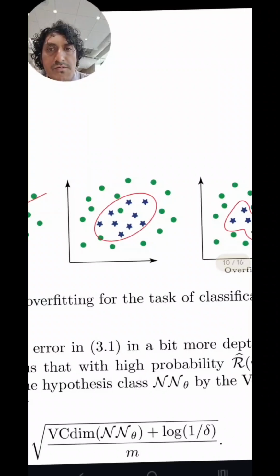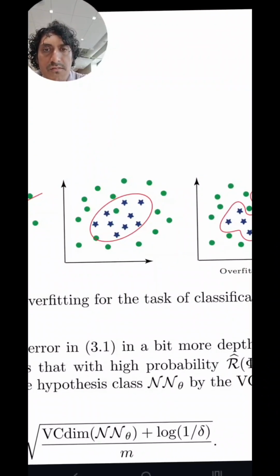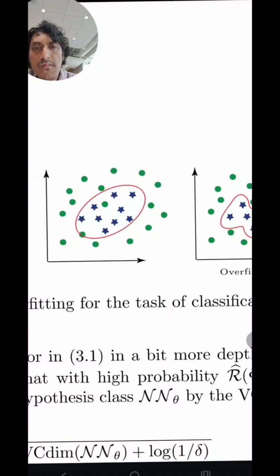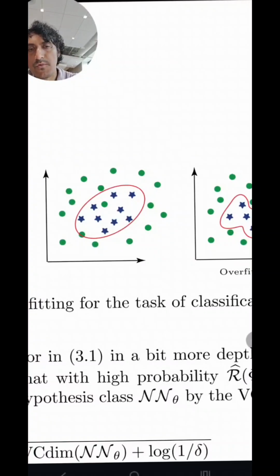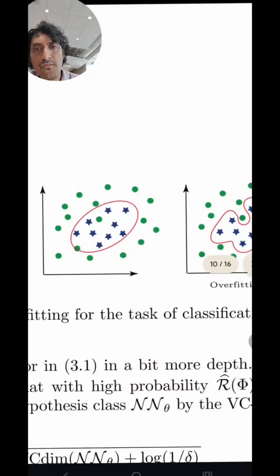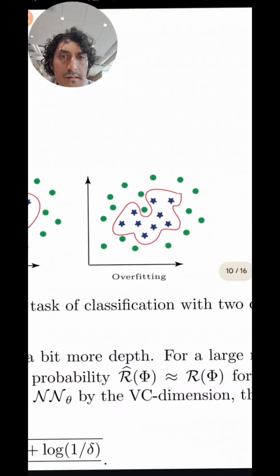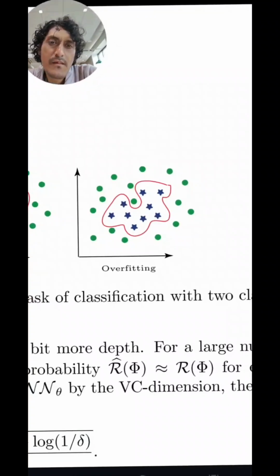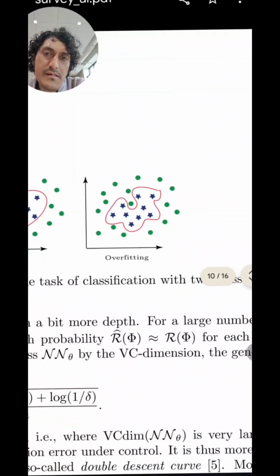Then a circle, which should be the optimal solution. All the stars inside and most of the green dots are outside, just a couple on the edge of the ellipse. Then you have the overfitting, so it's a really interesting example.